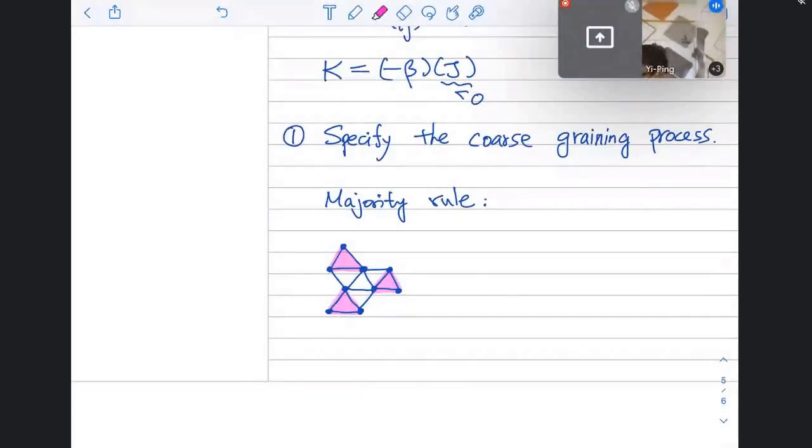You can see that every spin on the original triangular lattice must belong to one of the pink triangles. For example, these three spins belong to this particular pink triangle, and these three spins belong to this particular pink triangle. These three spins belong to this one. So no spin is left. Every spin can be recategorized according to which pink triangle it is sitting in.